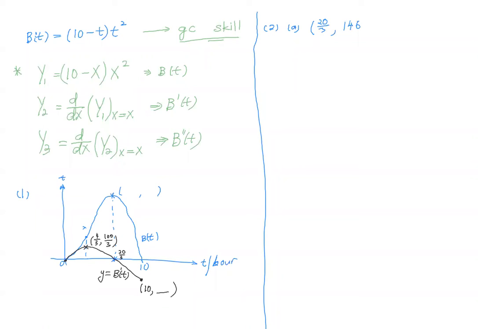Is it 146.14? It's not that. Then what is the value? 148. Okay, 148, and you have to know this is million. So you just write down 148.